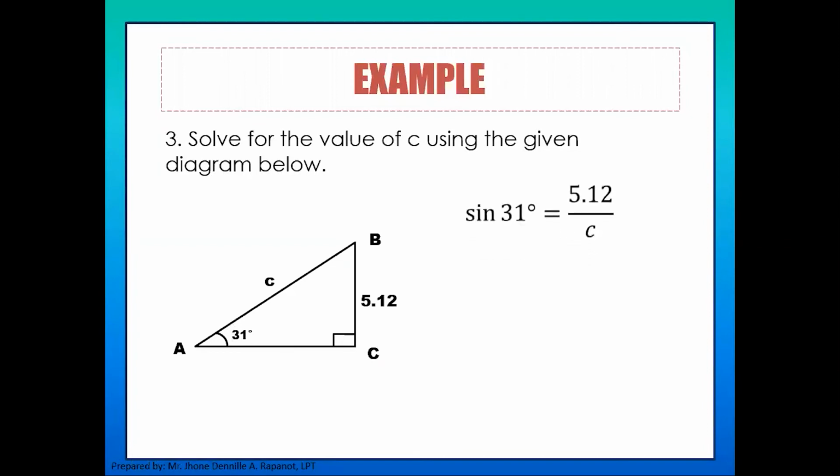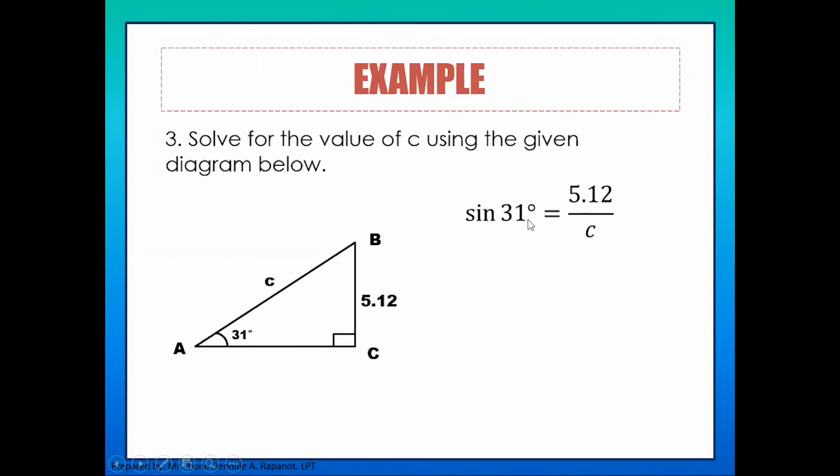Now, if we're going to put it into the formula for sine as the trigonometric function that we have to use for this right triangle, we have to substitute the given that we can observe from this triangle. So we have the value for angle theta, which is 31.